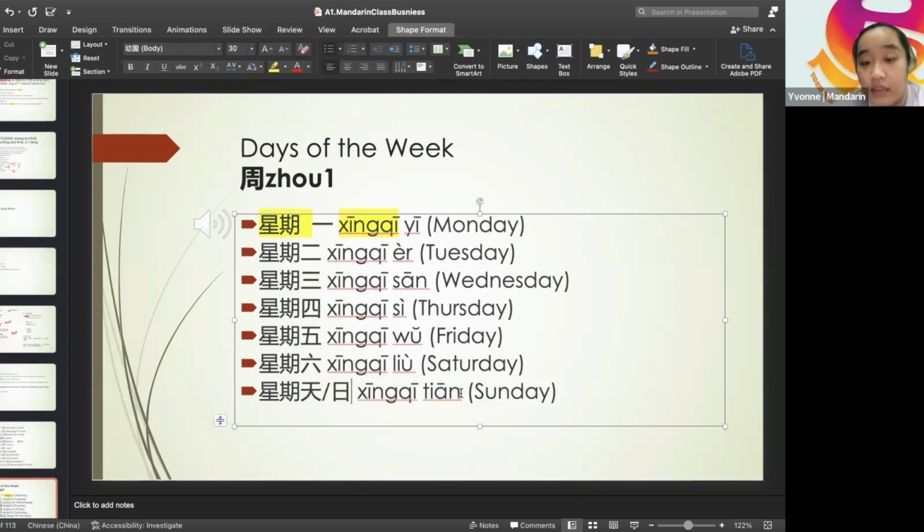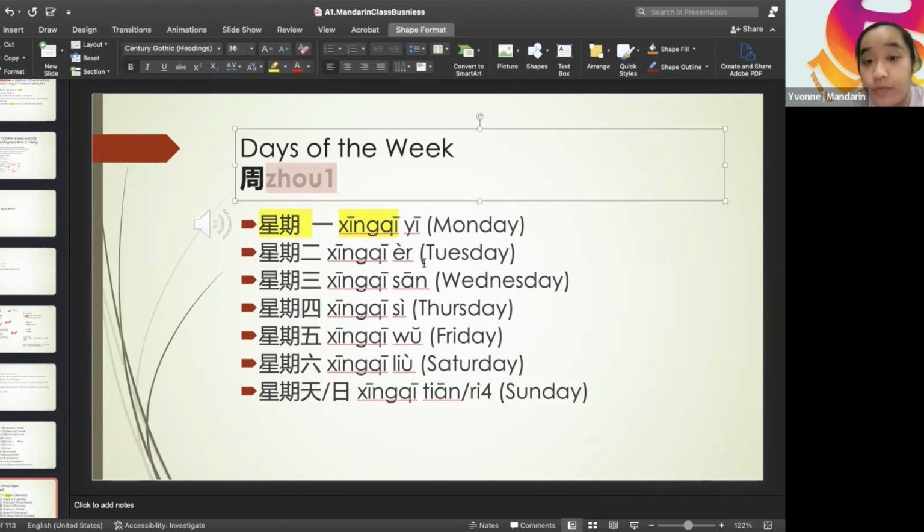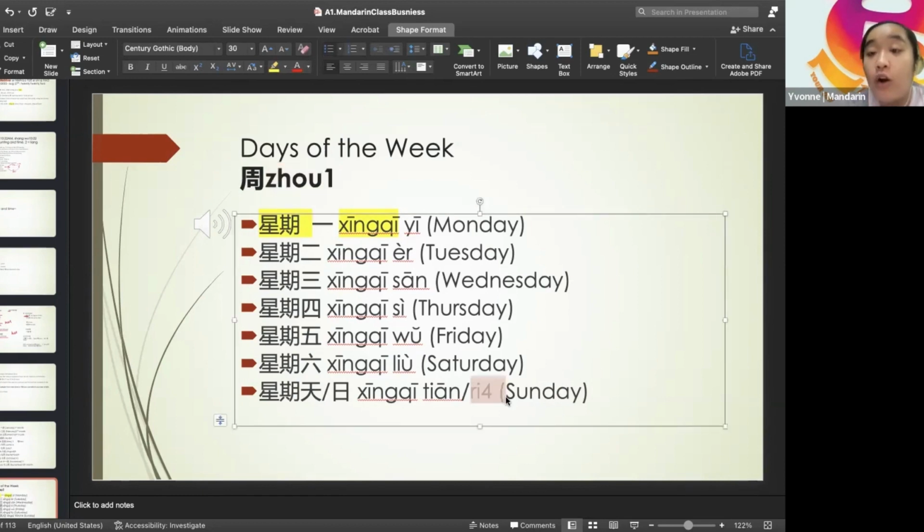Both mean the same. And if you use the word 周, it's the same rule as well: 周一, 周二, 周三, 周四, up till 周日. For 周 we only use it with 日.